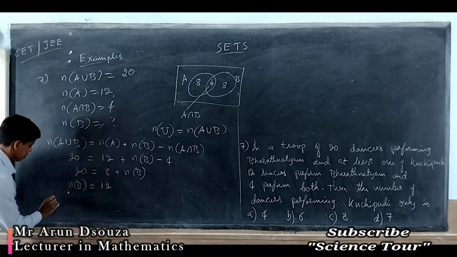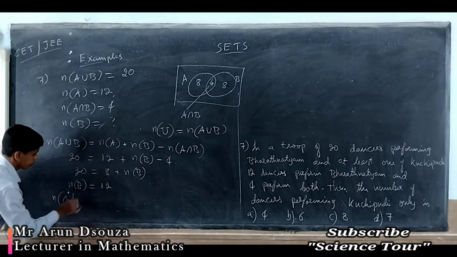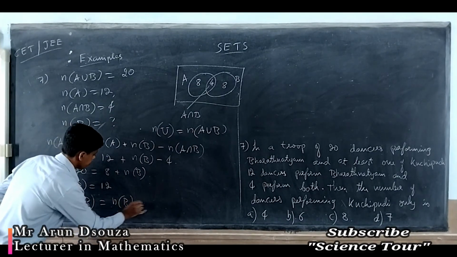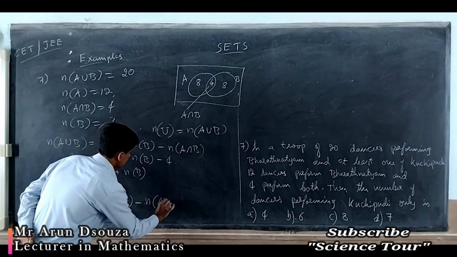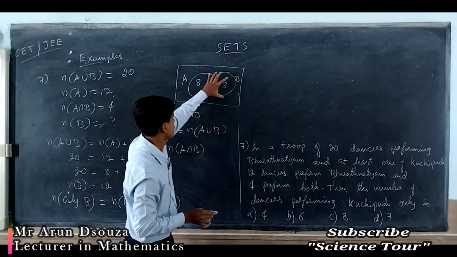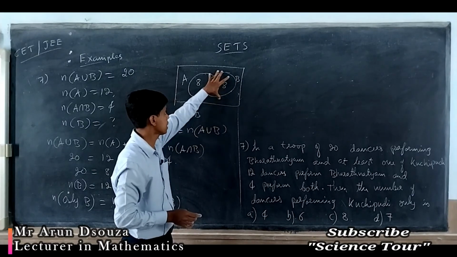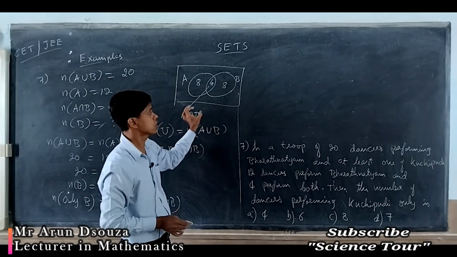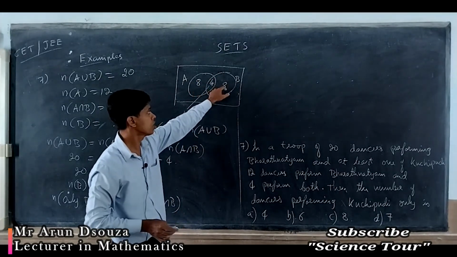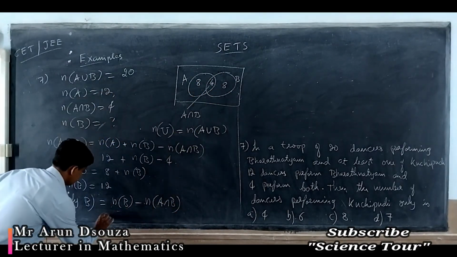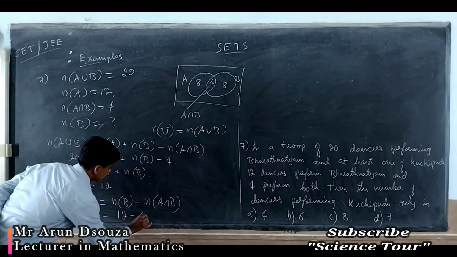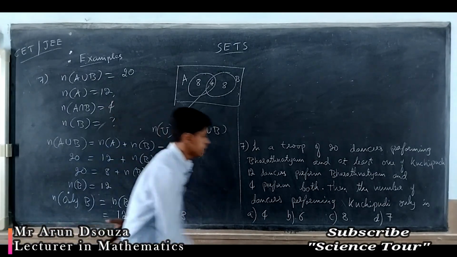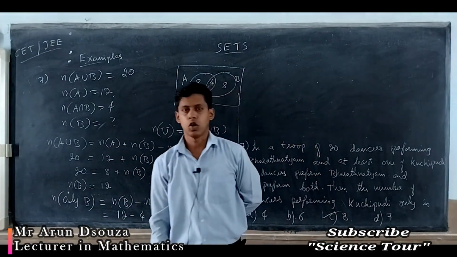Now you need only B. So only B, how will you find? It is n of B minus n of A intersection B. From n of B, remove the intersection, you will get only B. So this is like 12 minus 4, which is 8. So 8 is the right option here.